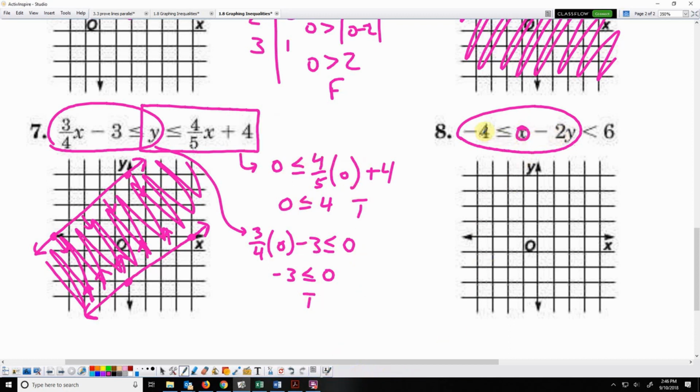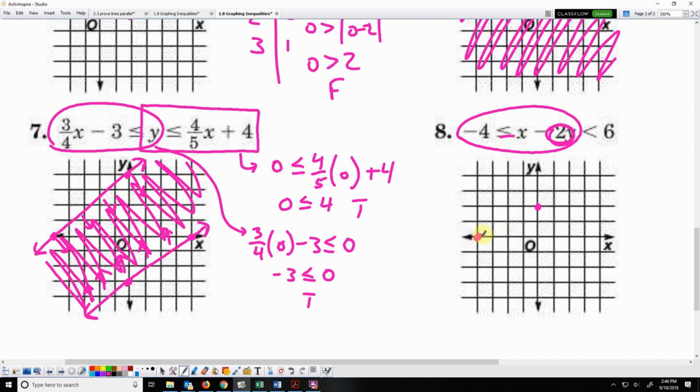So we can divide here and get the y-intercept as 2. And then if I put in a 0 for y, I get 0 here, and the x-intercept is -4. And that line is solid.